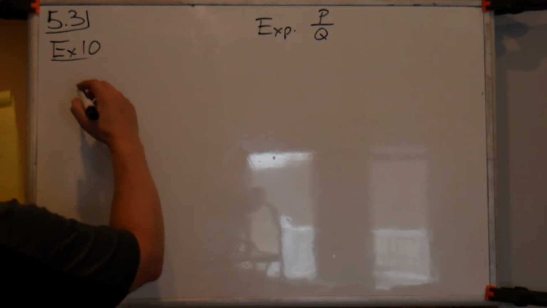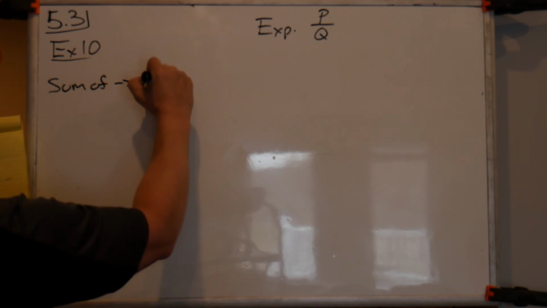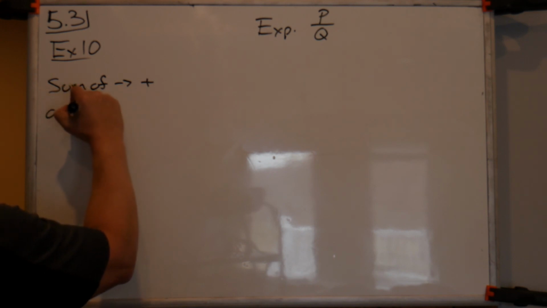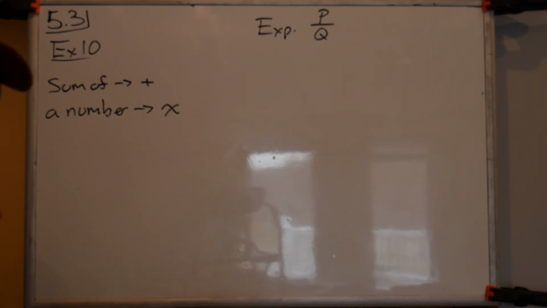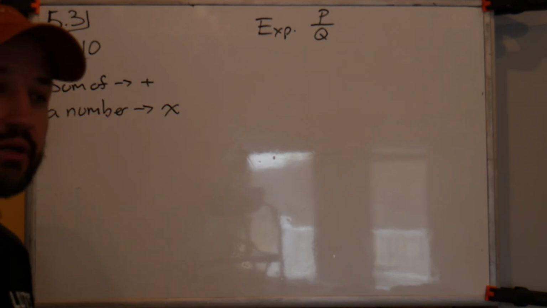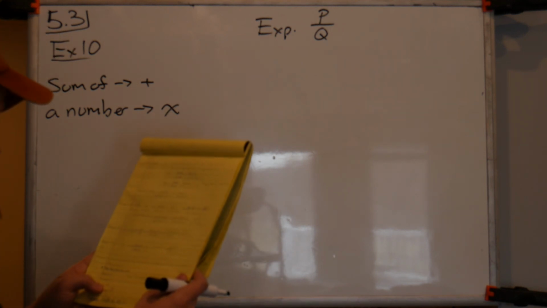So they say the sum of, you know that's addition, the sum of, got it. When they say a number, I don't know it. Some number, any number, a number, it's X. If they say another number, make it Y. Just use two different variables, a different variable every time they give us an unknown.